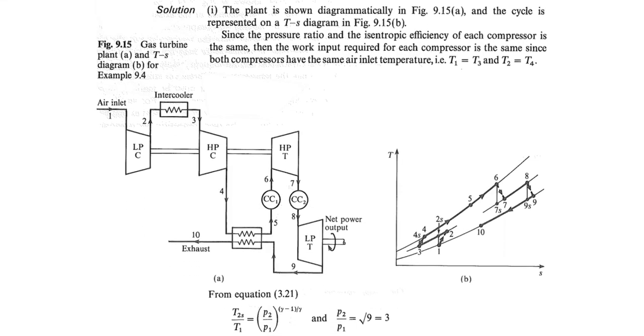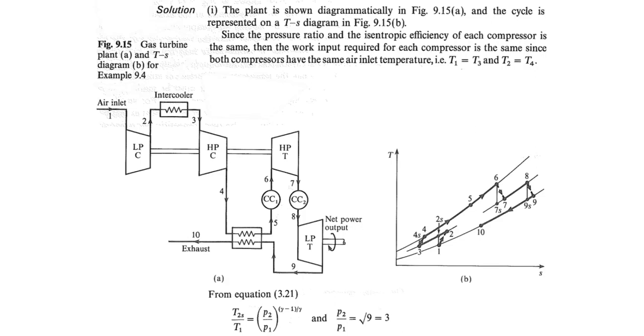Also, one of the stages of the turbine, the high pressure turbine, is connected to the compressor with a shaft which has a mechanical efficiency of 98%. The total power generated by the high pressure turbine is transferred to the two stages of the compressor to drive the compressor, while the low pressure turbine is connected with a generator, and that is actually our output from the cycle itself.